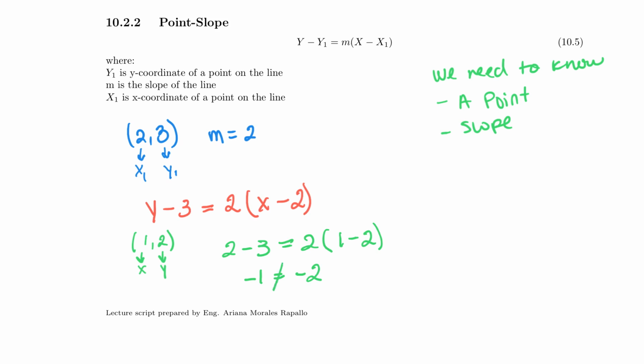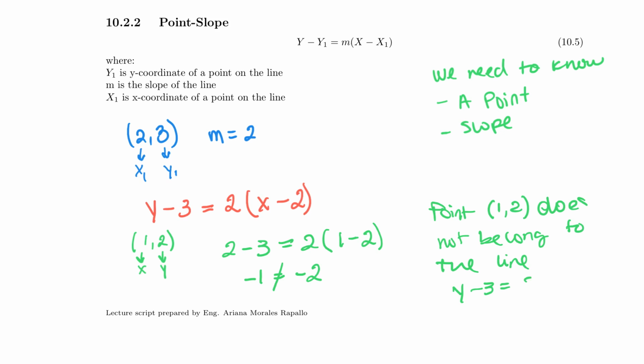No, which means that point 1, 2 does not belong to the line y minus 3 equals 2 times x minus 2.